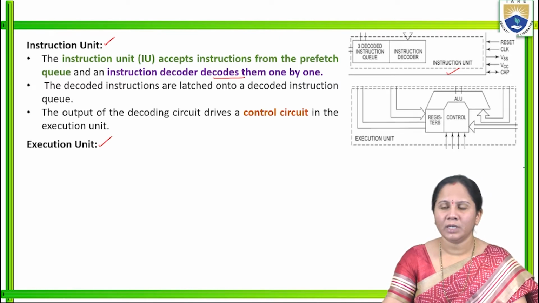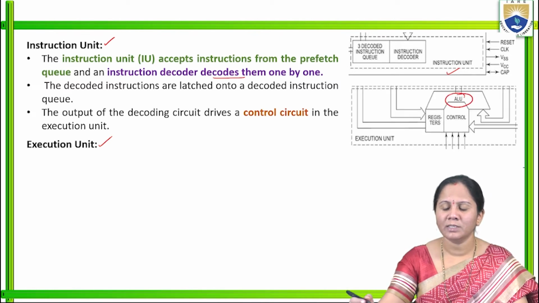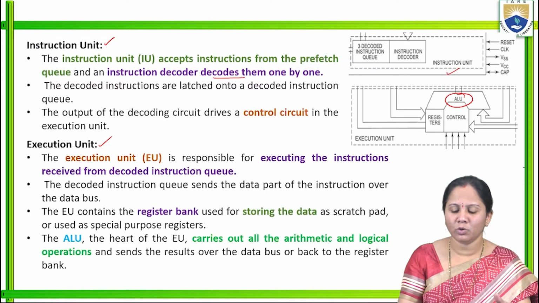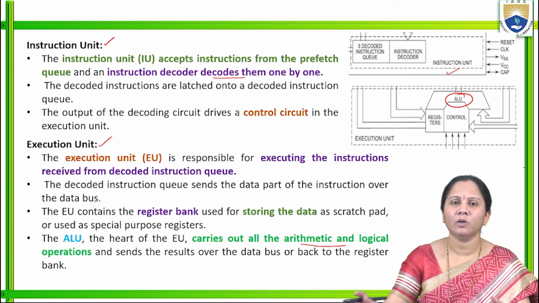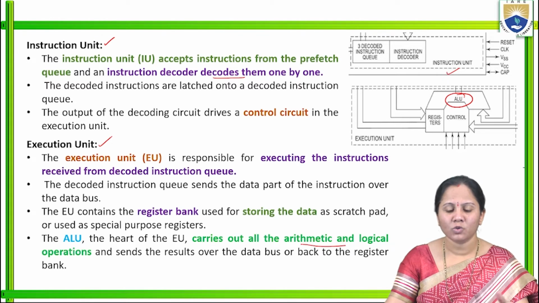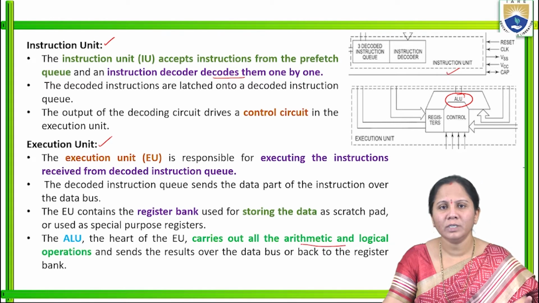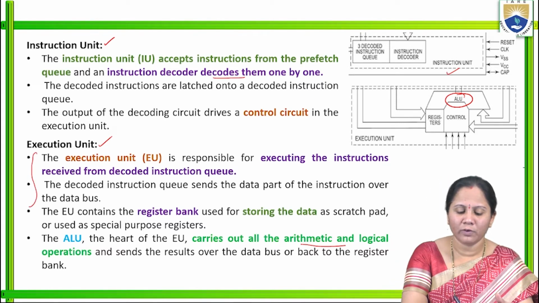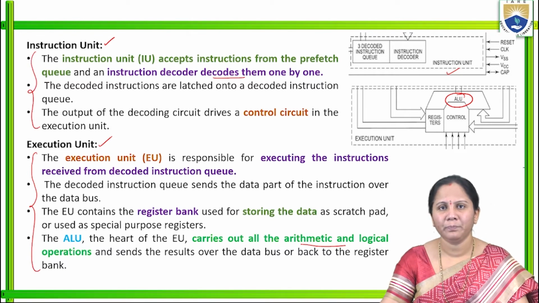So execution unit consists of all these blocks, mainly ALU. Execution unit is going to perform all the arithmetic and logical operations. So all these are the 4 functional units that are present in 80286 architecture. And here the function of each unit is given briefly.